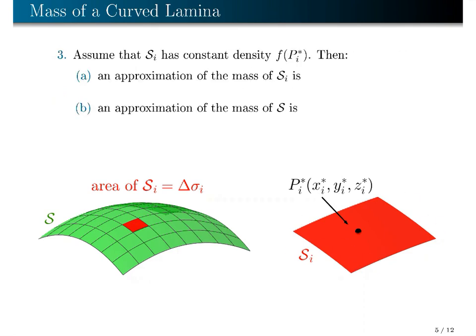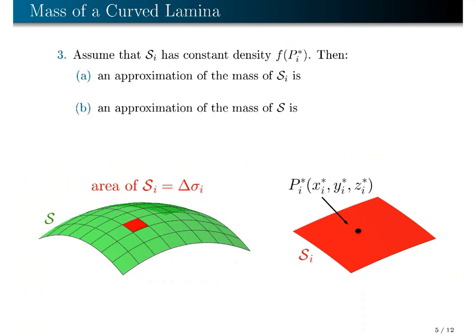We now move on to the approximate part. For this, we assume that the patch Si is so small that it is almost homogeneous. That is, the density at every point of Si is roughly the density at Pi star, which is f of Pi star.